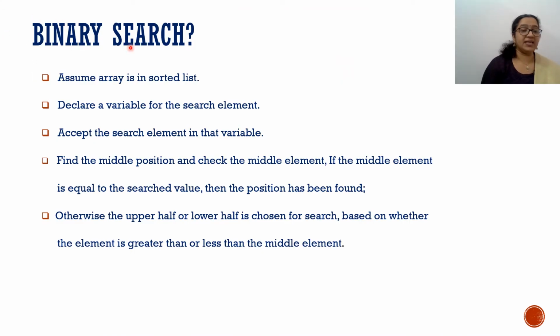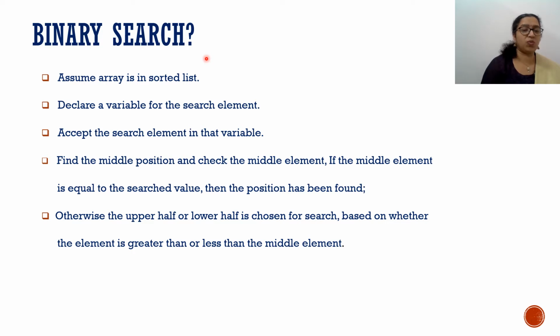So what is binary search? Here bi means two, so binary means something made of two parts. In binary search, we are searching for an element in an array, and we make that array into two parts. Why? What is the use? Just see. In binary search, the first point is that the array must be in sorted order.